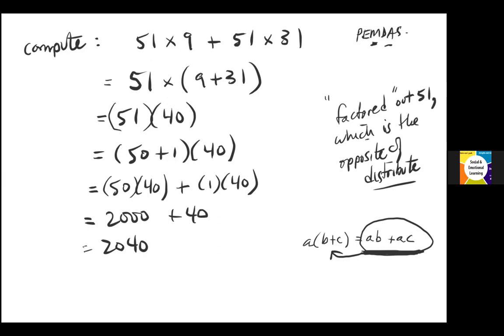Or maybe I could just write another example of that. So if you had something like 25xy minus 20x, we could do the opposite of the distributive property and factor this.